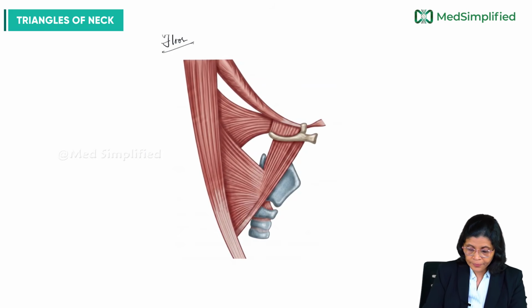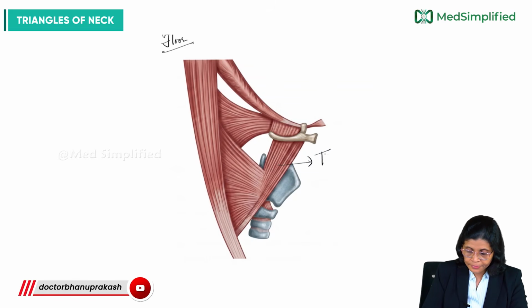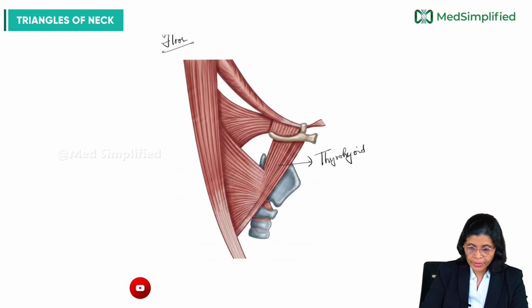thyrohyoid muscle, then we have the hyoglossus. Okay, so we have the hyoglossus muscle here in the upper part. This is the hyoglossus.